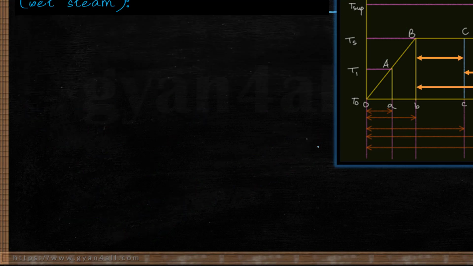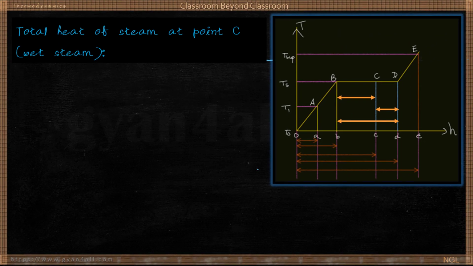Now total heat of steam at point C. Okay, now we come to point C. Now we can see point C is located in the region of vapor plus liquid, a liquid-vapor mixture. So point C is wet steam. This is wet steam, and suppose the dryness fraction is x.